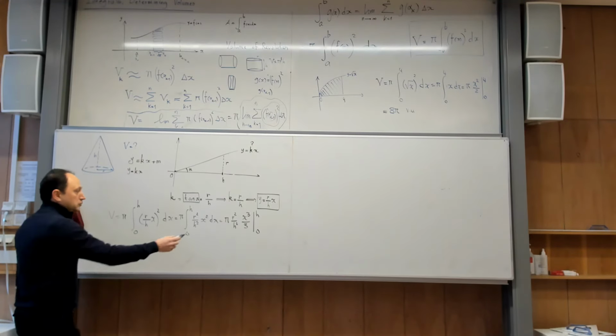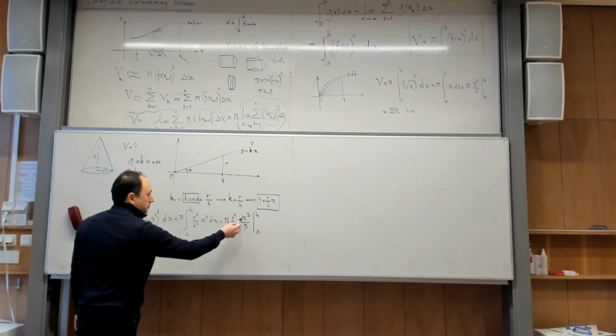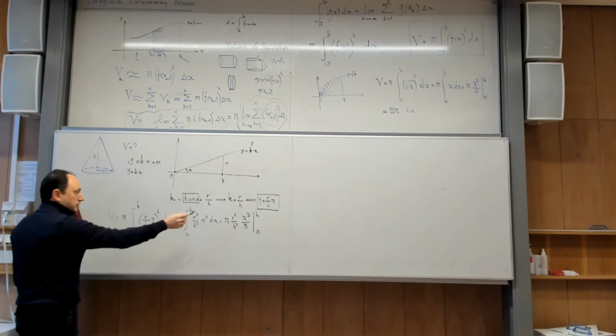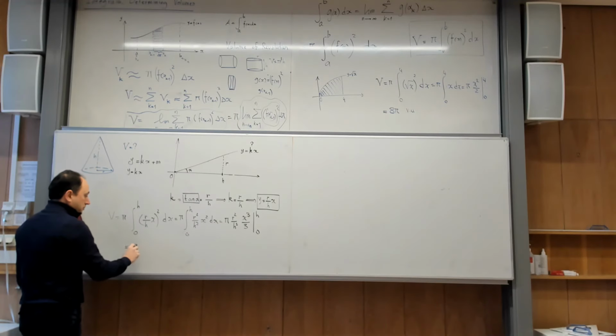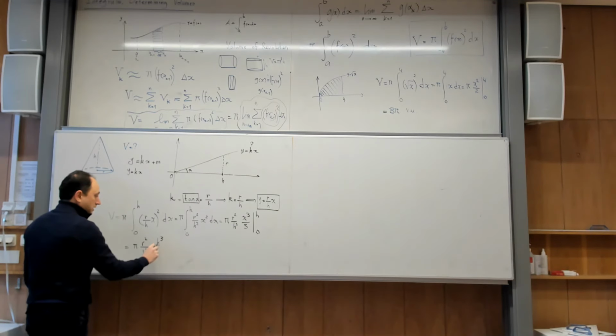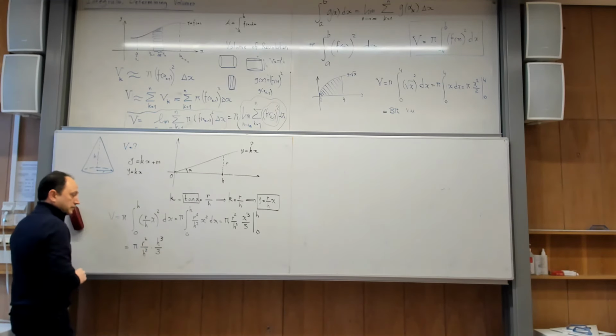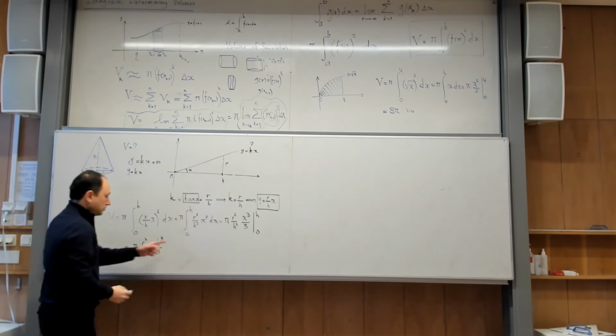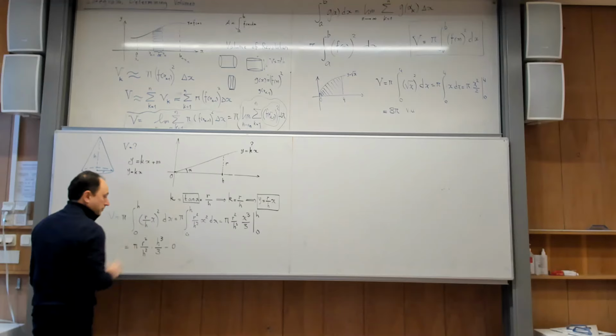What does it mean? It means that I replace x with h, replace x with 0, and subtract these values. If I replace x with h, it becomes pi r squared over h squared, then h to the power of 3 divided by 3. And if I plug in 0, everything vanishes, so I don't need to write it. If you want, I can write minus 0.